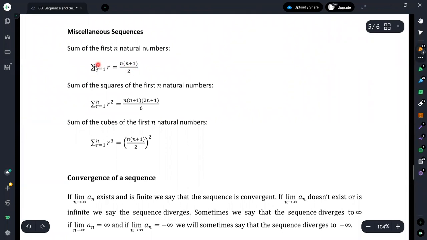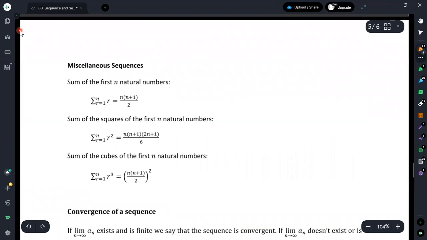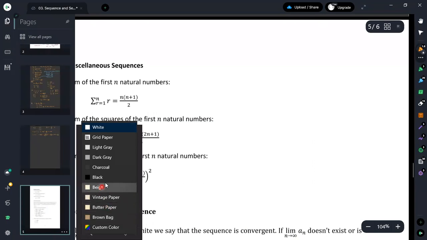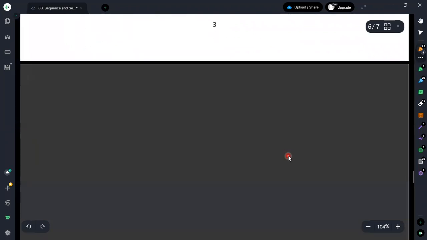Now we will see how we can get this equation, just by the proof of this equation. Here it is given as the summation of the first n natural numbers. We need to find the summation of the first n natural numbers.